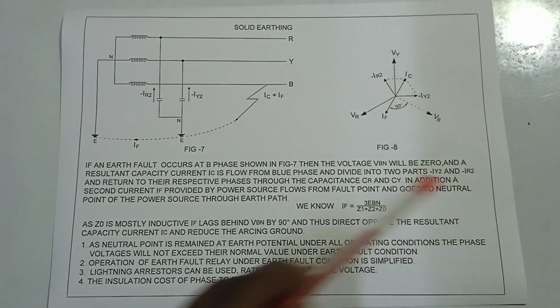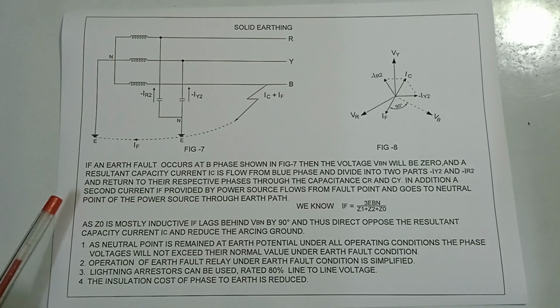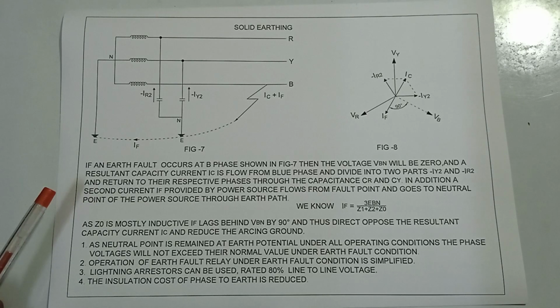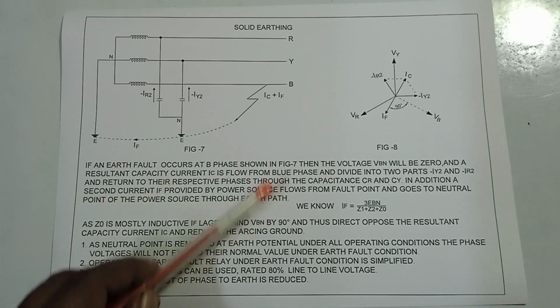In addition, a second current IF, provided by the power source, flows from the fault point and goes to the neutral point of the power source through the earth path.